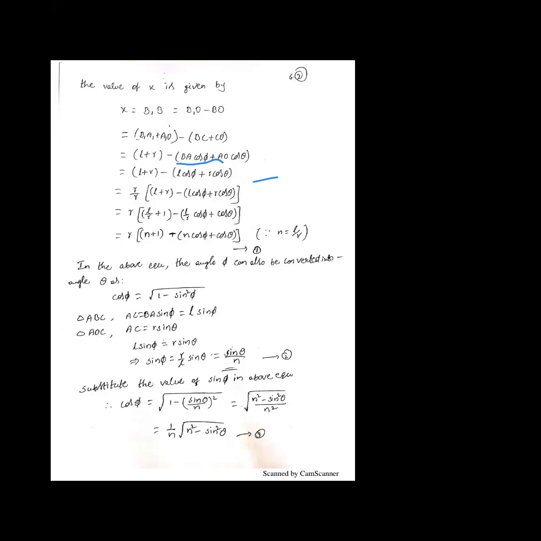Now R into L by R is already a known ratio. That is the notation N equals L by R. So from that, R into N plus 1 minus N cos phi plus cos theta. Just observe it.